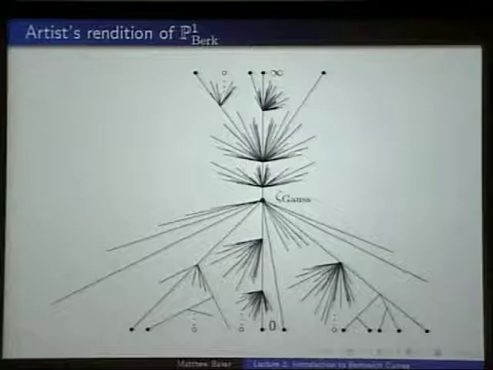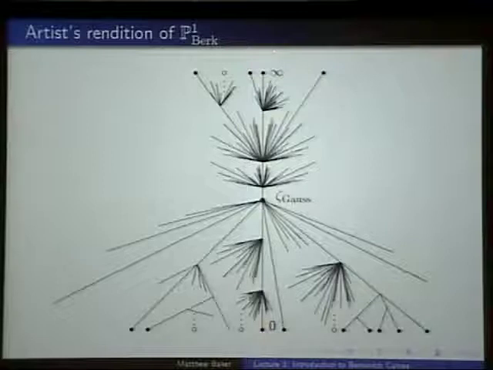But you'll remember there was this distinguished point called the Gauss point, which lies along the unique path from 0 to infinity. We discussed the tangent space at this point, and more generally at any point of type 2, the branches coming out look like P1 of the residue field. And you have branching at a dense set of points along this edge. The branching corresponds to the value group of K, and the different branches that come out correspond to the residue field of K. And so it depends what my field K is, exactly how complicated this picture looks.